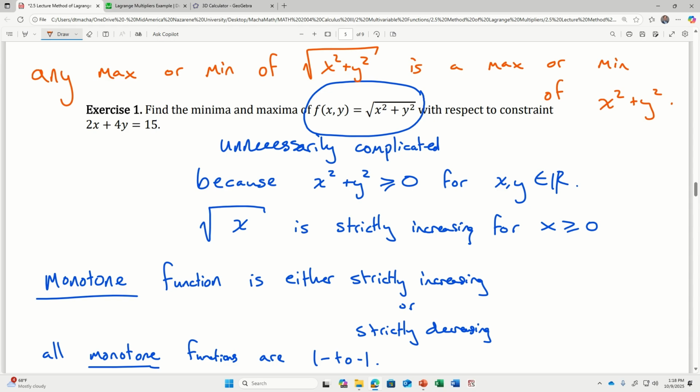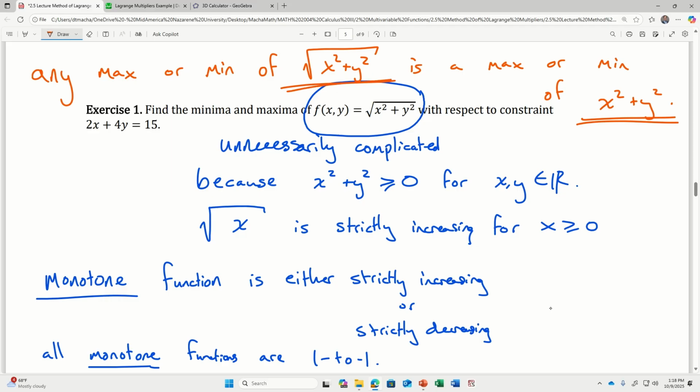If you found a coordinate pair, x and y, that maximizes the square root of x squared plus y squared on a domain, well then, that's the same thing. Maximizing this is the same as maximizing this, and minimizing this is the same as minimizing that.